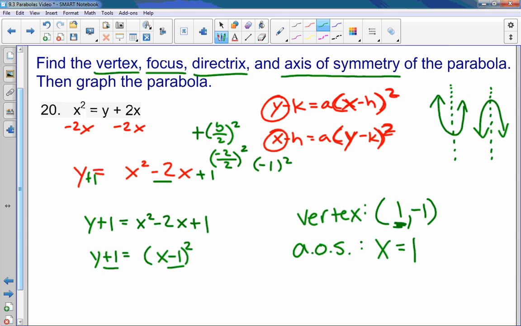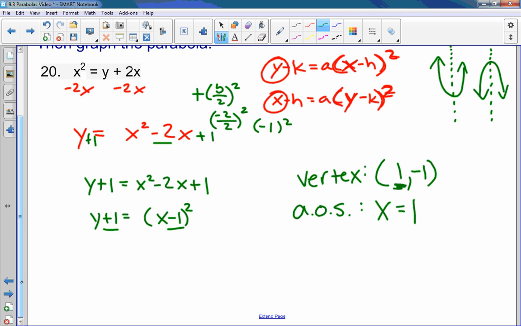Now, we have to find the focus and the directrix. Usually I use the c value to help me find the focus and the directrix because the focus and the directrix are both c away from the vertex. But I am not given a c value, but I am given the a value.